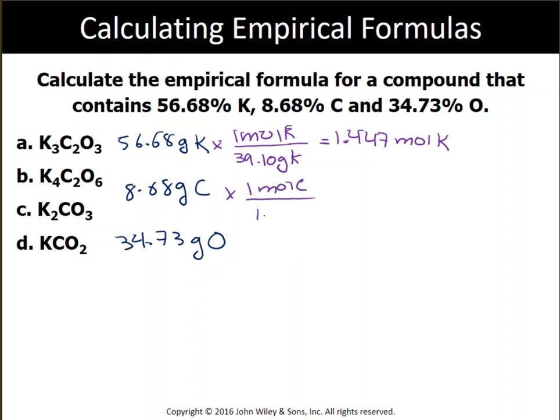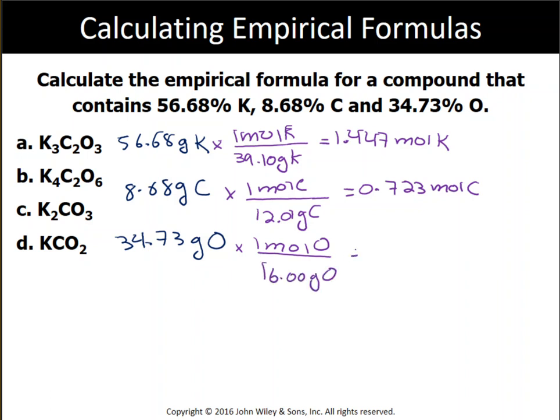Each mole of carbon is 12.01 grams of carbon, which gives us 0.723 moles of carbon. And then each mole of oxygen is 16 grams of oxygen, which gives us 2.171 moles of oxygen.